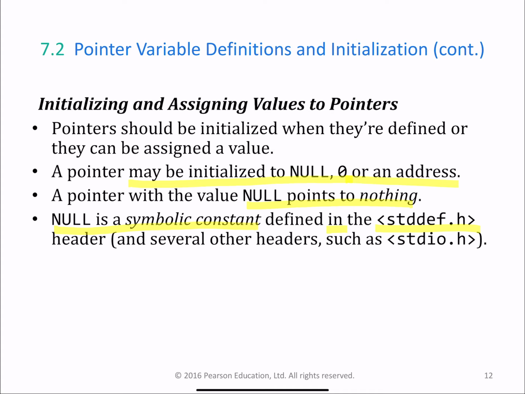So whenever declaring pointers, never forget to initialize them to something. Now, if at the time that you are declaring a pointer, you do not have any variable to point it at yet, at the very least you should initialize it to null or 0.